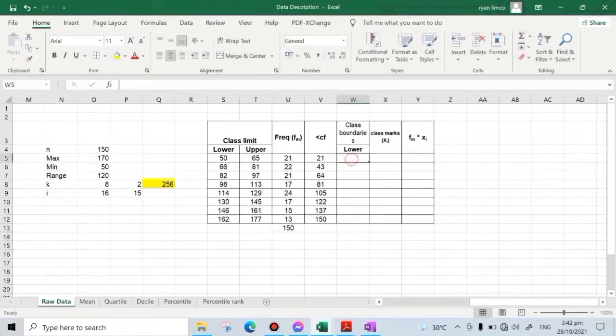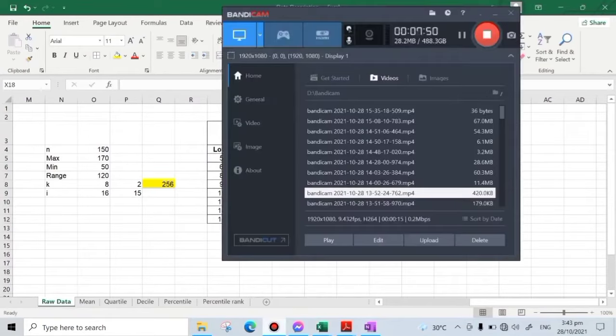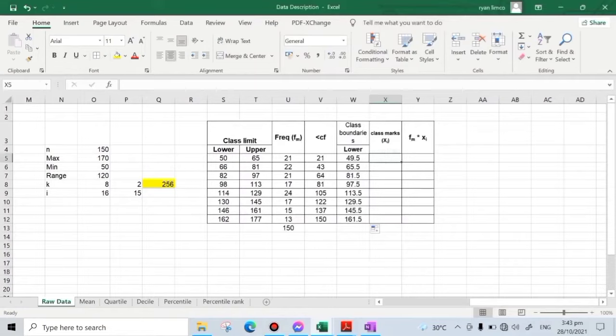Okay. For the lower class boundary, that is just the lower class limit minus 0.5. And for the class mark, equals the lower class limit plus the upper class limit, divided by 2. And drag down natin.